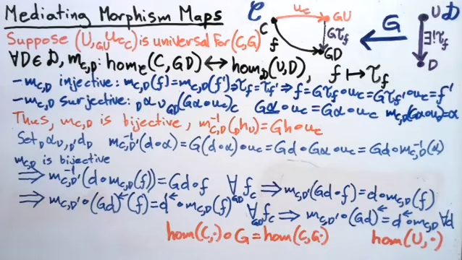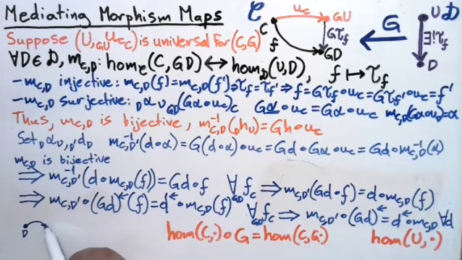And in that context, this kind of an equation should look really familiar, right? It looks like a commutativity property or a commutativity square. So, for example, if we take D going from D to D prime, and then we map it by up here, home C G blank, and down here by home U blank.